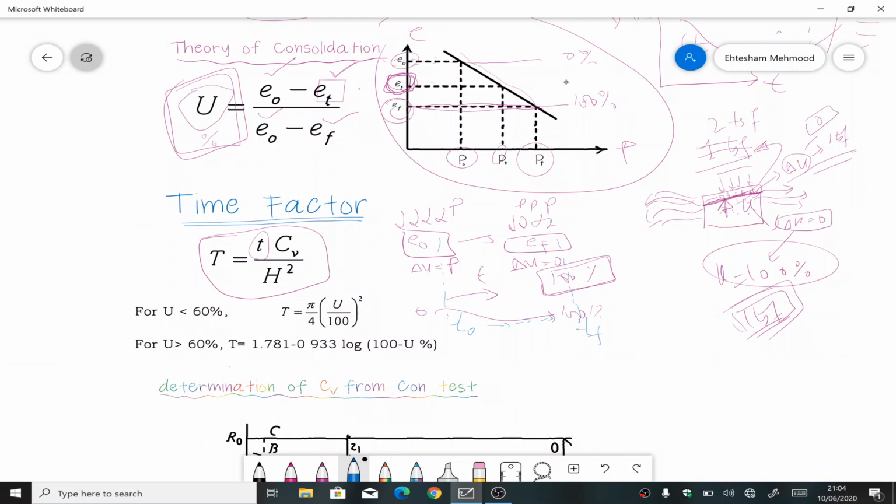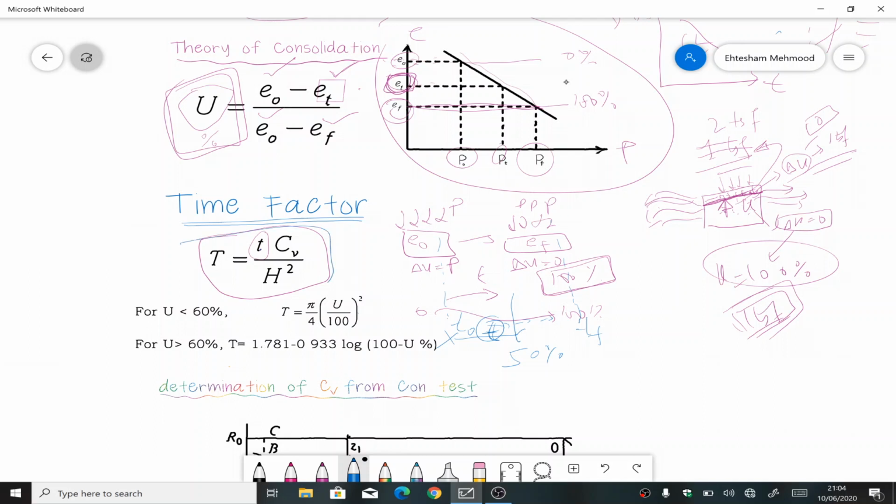If I'm interested in after how much time 50% of the consolidation would occur, I want to find out this particular time T here. So once I load my specimen, after how much time will 50% consolidation occur? What will I do?